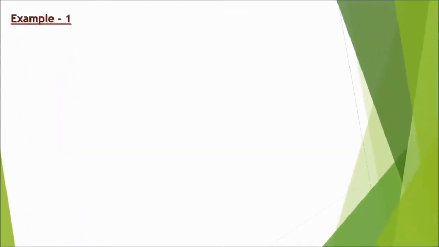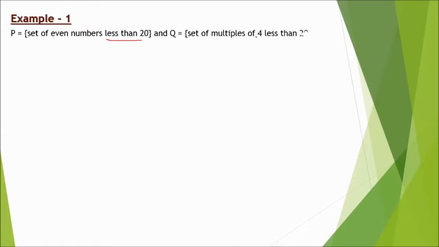Example first. P is the set of even numbers less than 20. Q is the set of multiples of 4 less than 20. Then represent P difference Q in a Venn diagram.